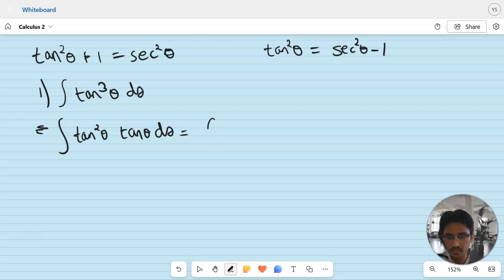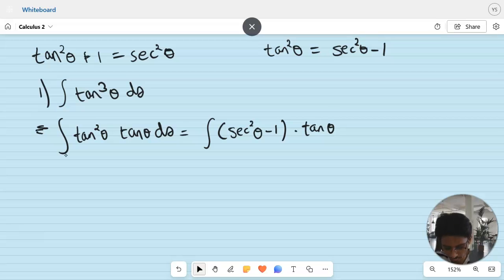Tangent squared theta can be written, looking at the formula over here, as secant squared theta minus 1, and tangent theta times tangent theta, and d theta, not to forget d theta.